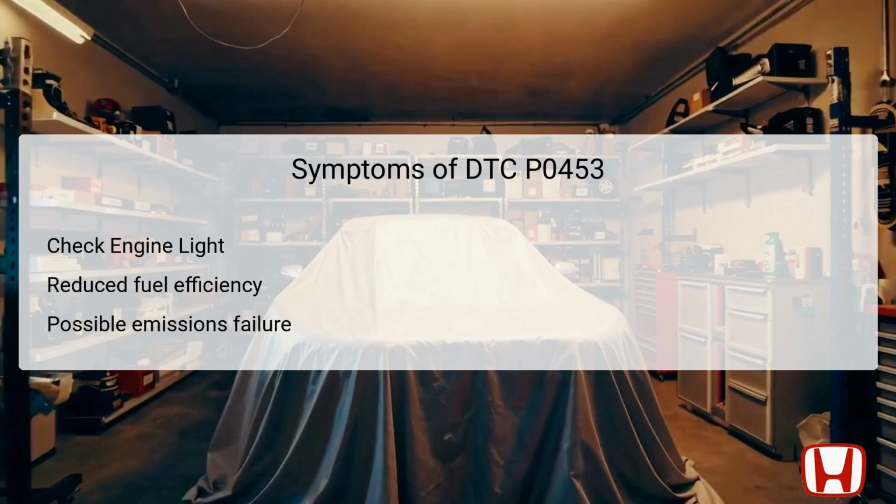Furthermore, if the EVAP system is compromised, this might lead to potential emissions test failures during inspections, posing a risk for compliance with environmental regulations. Noticing these symptoms can prompt timely diagnostics to resolve underlying issues before they escalate into more significant vehicle performance concerns.